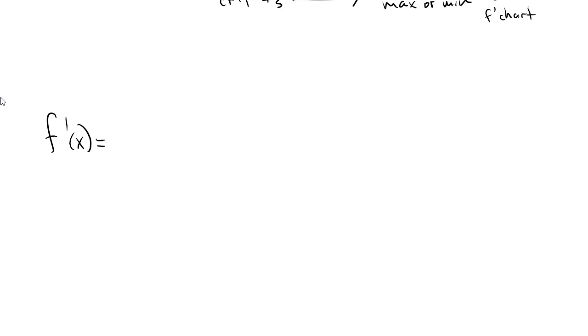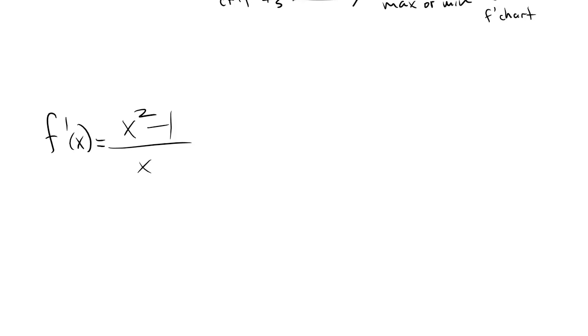Okay, so here let's do a first derivative one. So let's say we have f prime of x equals x squared minus 1 over x. So this is our derivative. If I need to make a first derivative chart, I have to find critical numbers first.